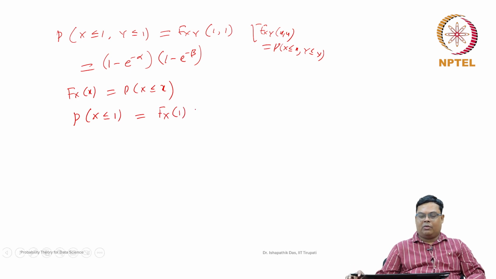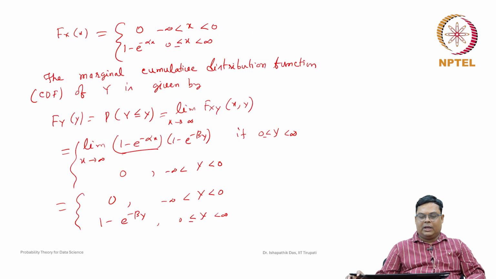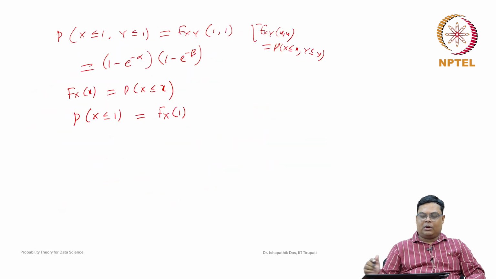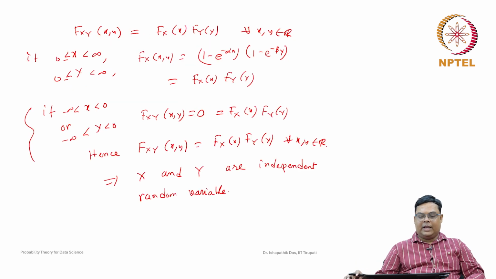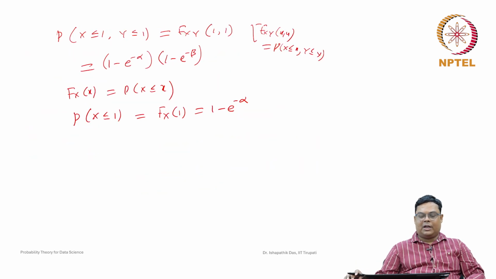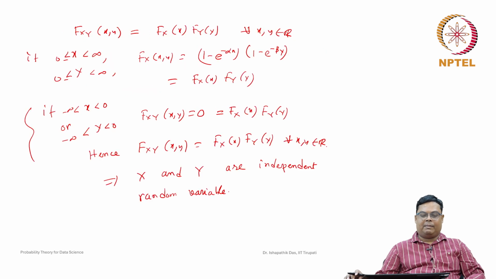We have already found the cumulative distribution function of X: for x greater than 0, it is 1 minus e to the power of minus alpha x. So, F_X(1) is 1 minus e to the power of minus alpha.